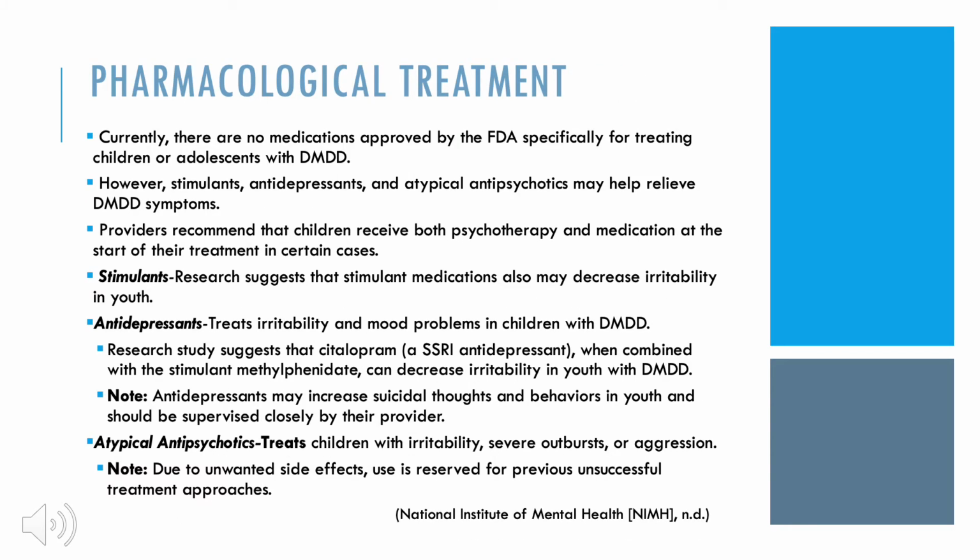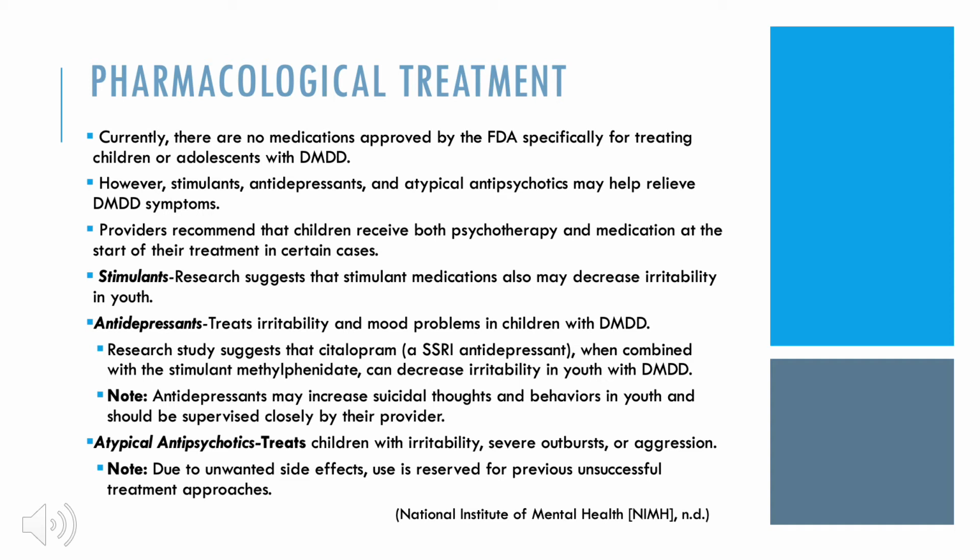Pharmacological treatment. Pharmacological treatment is considered second-line treatment for DMDD. Currently, there are no medications approved by the Food and Drug Administration to treat DMDD specifically in children or adolescents.